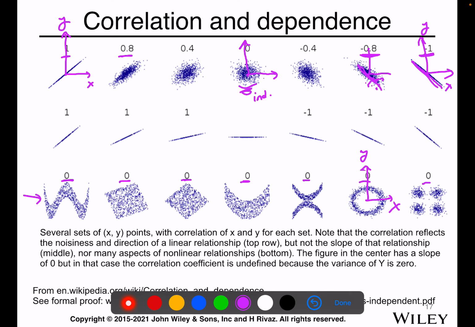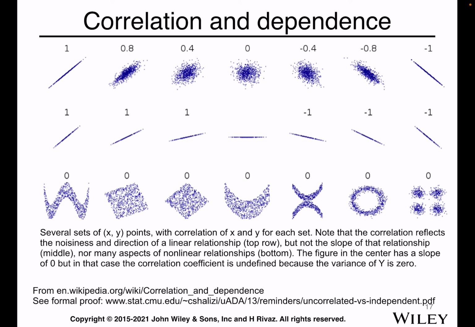Right? So if you're interested, you can read this PDF. It's a very nice PDF that shows what types of distributions have this property that they are not correlated, but they are dependent on each other. Any questions?